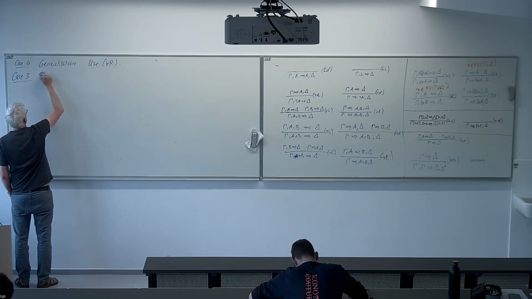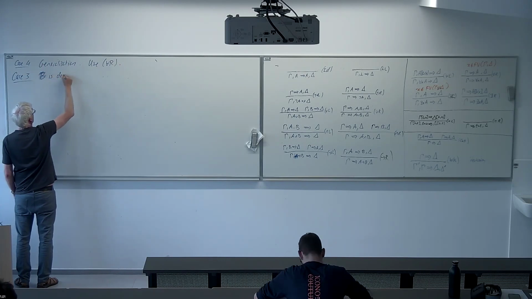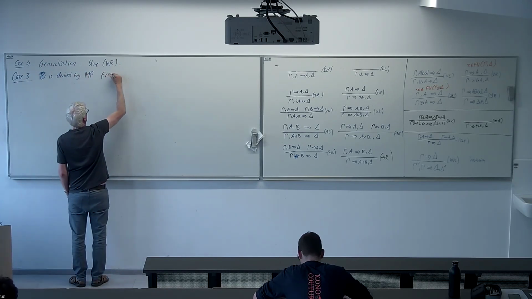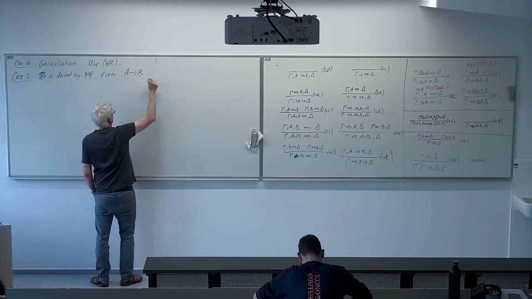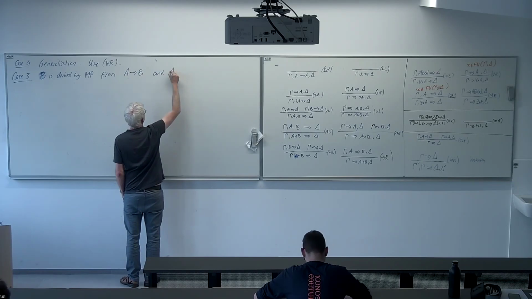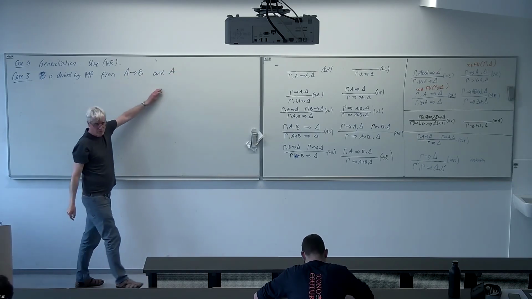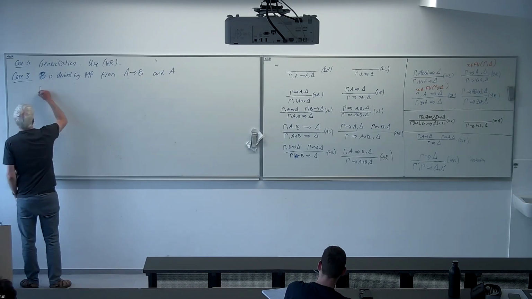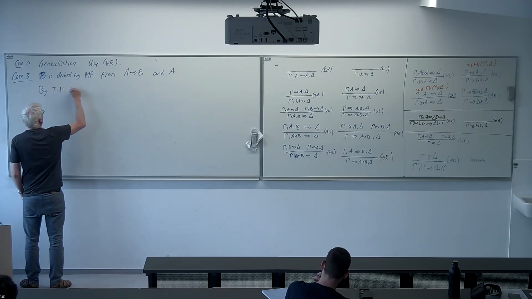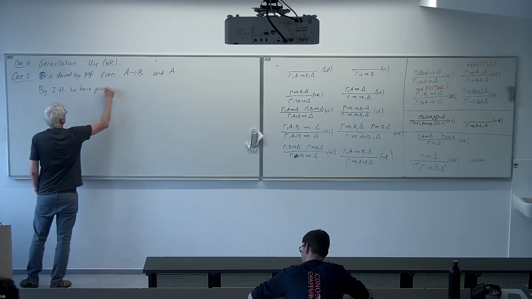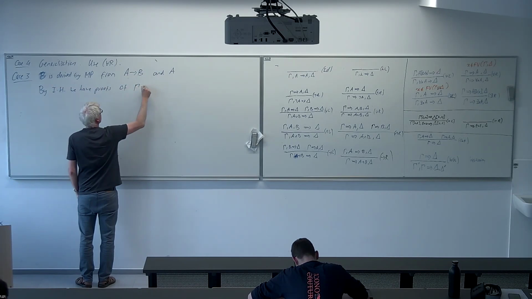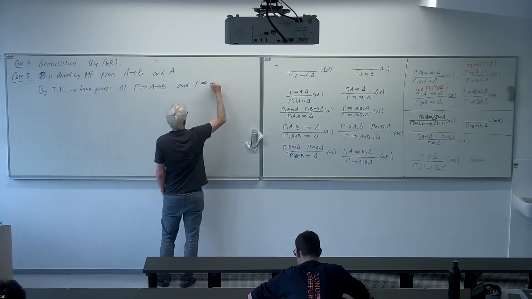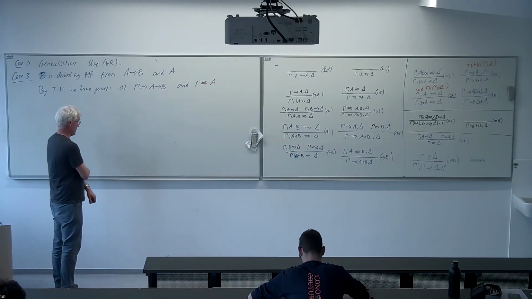So suppose B is derived by modus ponens from formulas A implies B and A, where we already have proofs of A implies B and A. So by the induction hypothesis, we have proofs of the sequent with A implies B and the sequent with conclusion A from the assumptions gamma.